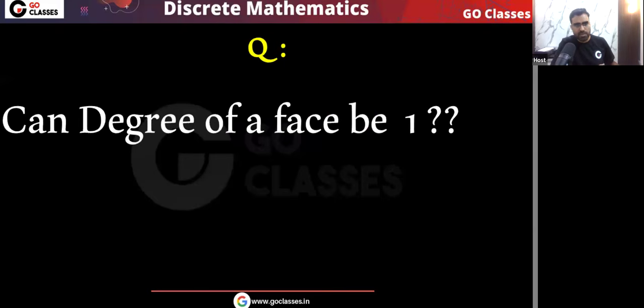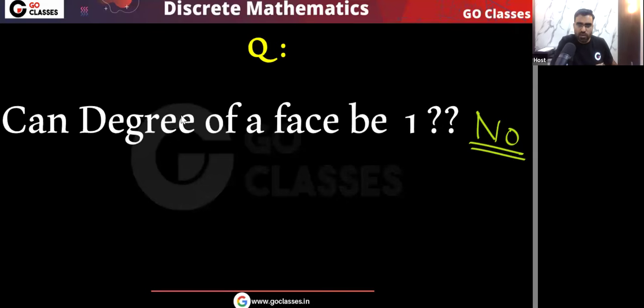Very simple. Tell me the answer for this question. Can the degree of a face be 1? Is it possible that the degree of a face is 1? You can try. The degree of a face can never be 1. See, for example, if you have one edge, let's assume, if you have this edge, then the degree of this face is 2. Are you getting my point? Here also the degree of the face is actually 2.